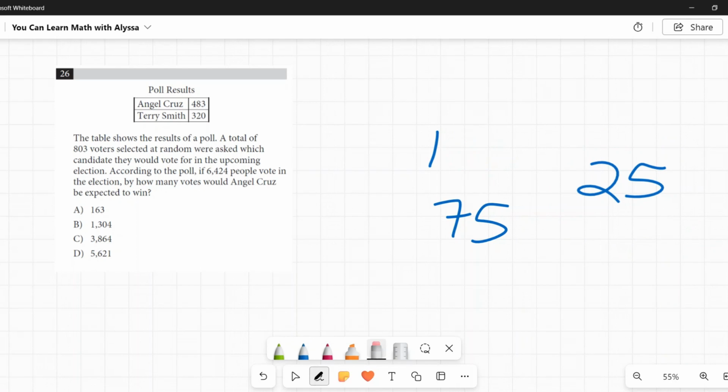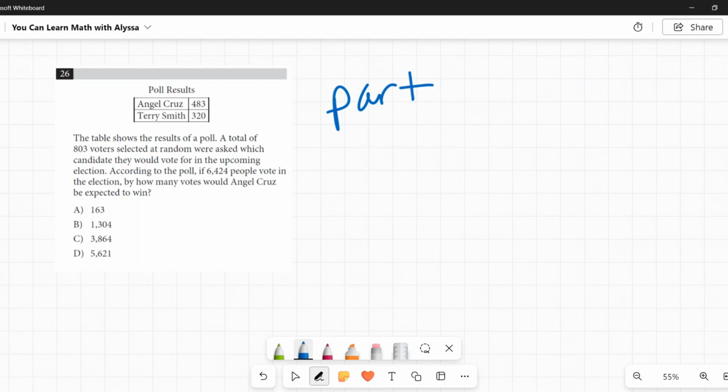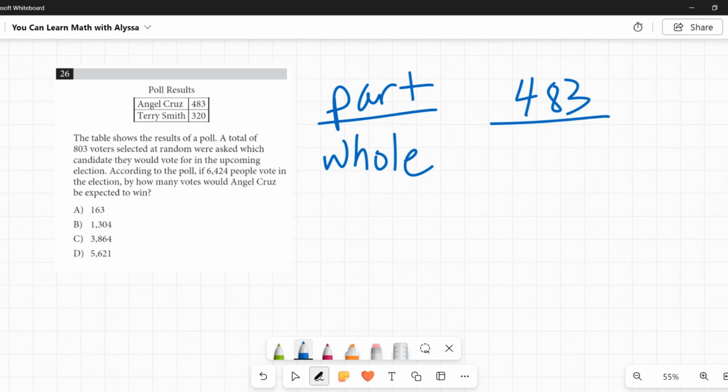Okay, so when we're talking about polls, we're using these subsets to predict what the bigger groups are going to do. So we're always using these ratios of part to whole and setting up proportions. Angel Cruz got 483 out of a total of 803 voters.